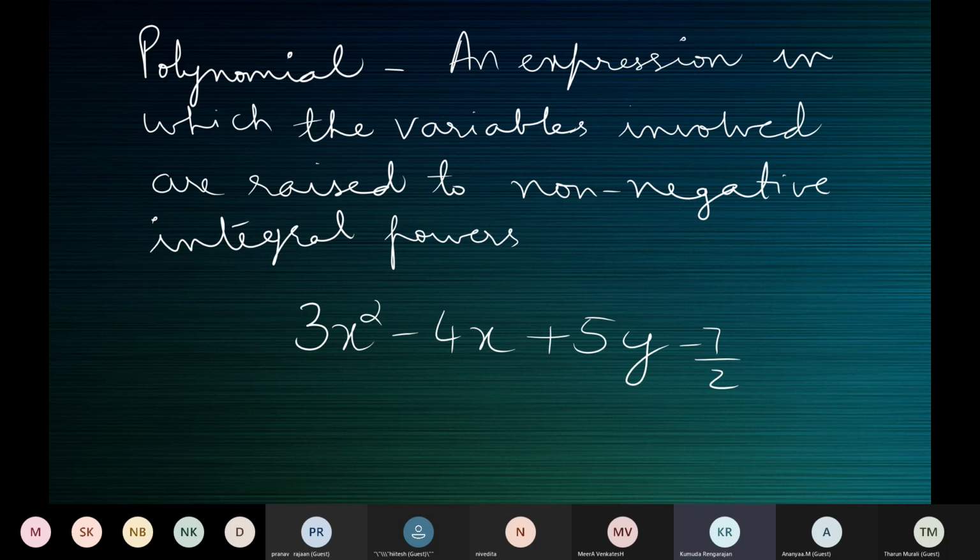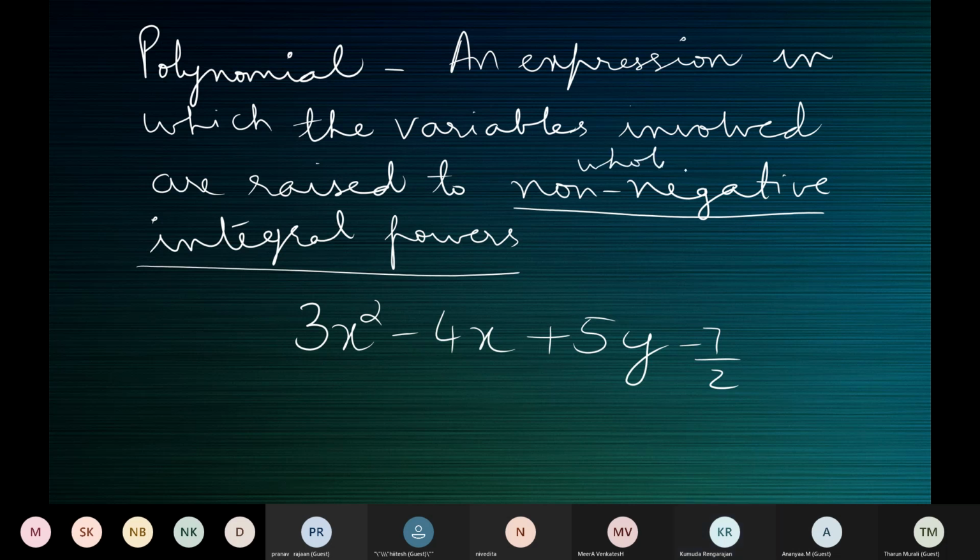So the example which you see there is an algebraic expression. Now this algebraic expression is also a polynomial because of the variable x. Before that, non-negative integral powers means whole numbers. On a number line, we have 0, we have negative numbers, and we have positive numbers.